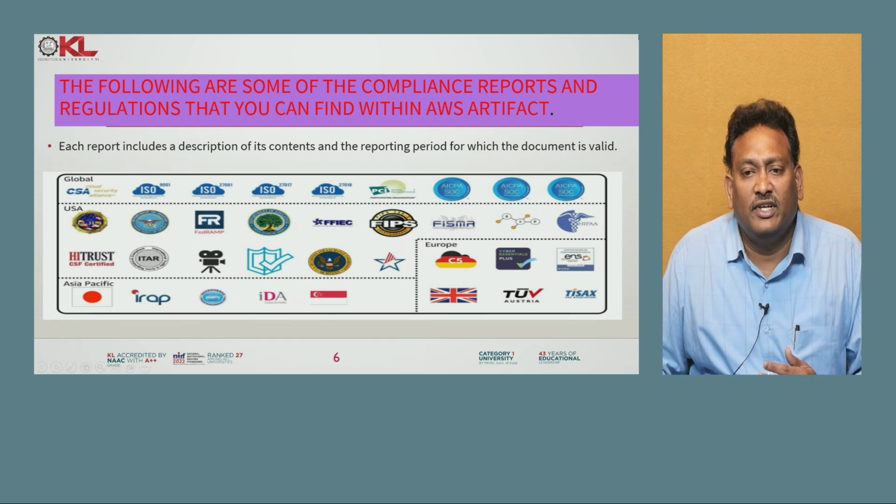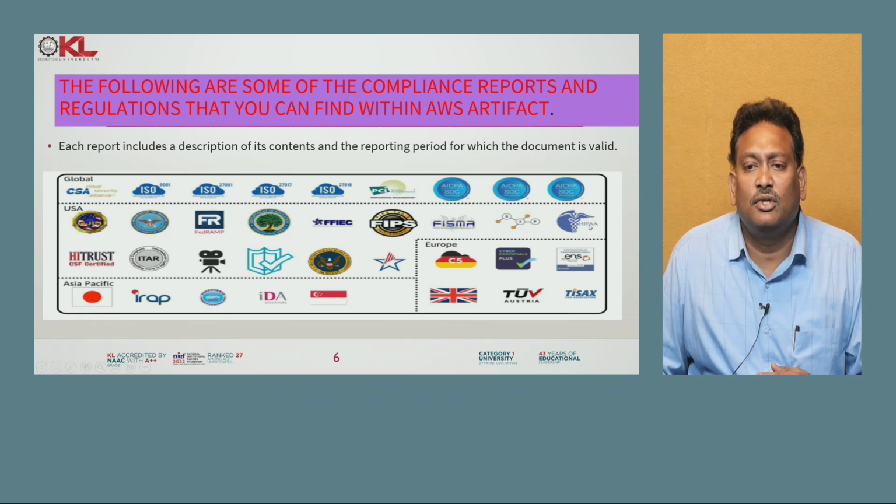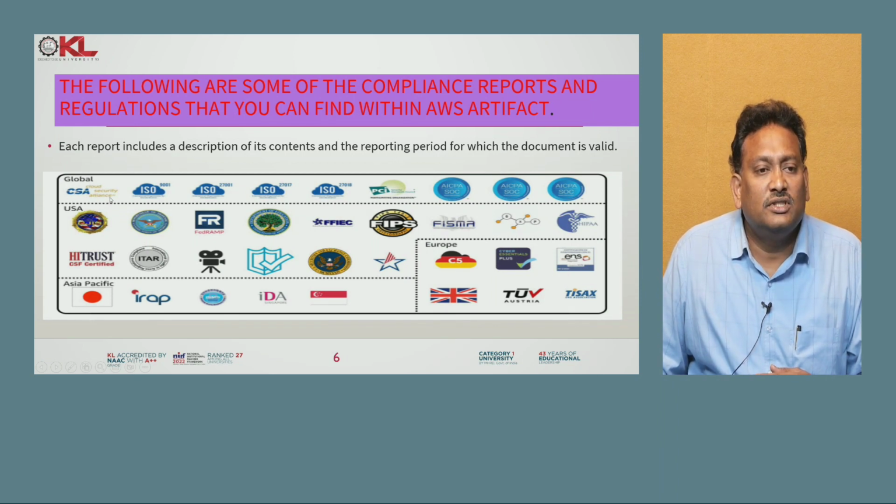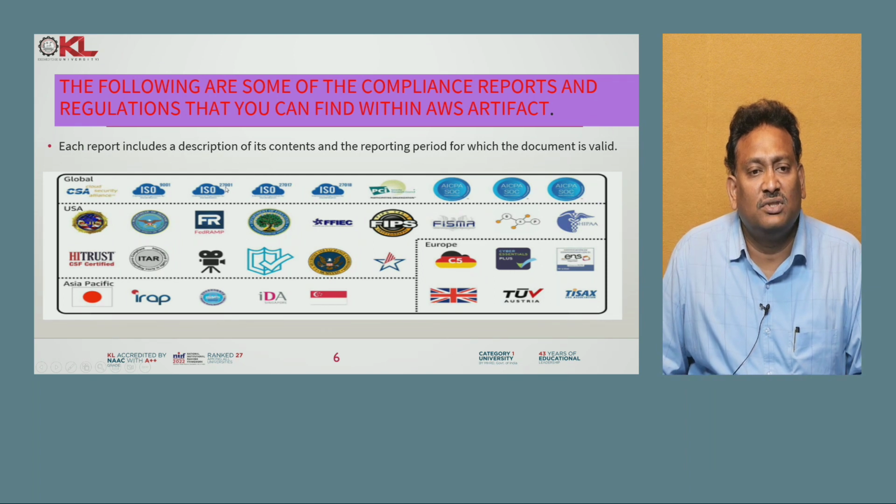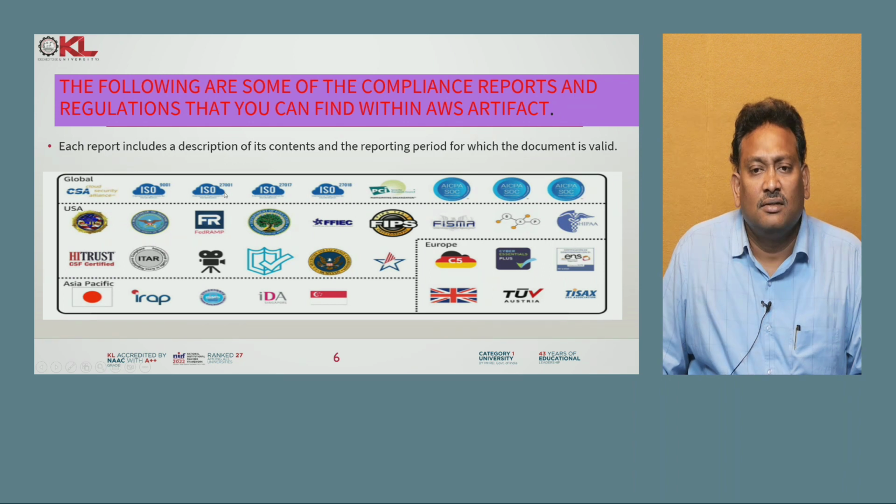There is the HIPAA report, the Health Insurance Portability and Accountability Act. We have Cloud Security Alliance reports, ISO 9001 compliance reports, and the ISO 27001 report meant for security purposes. These are examples of compliance reports.